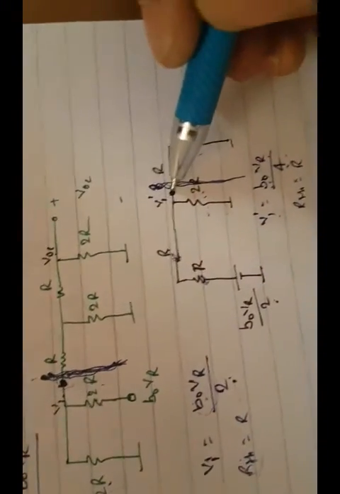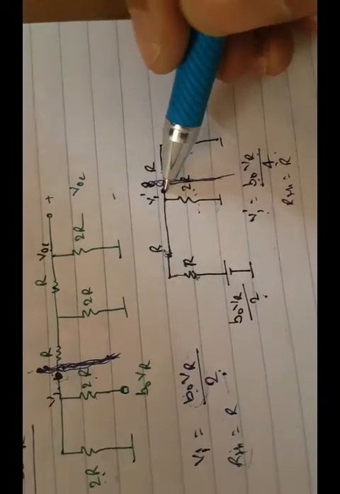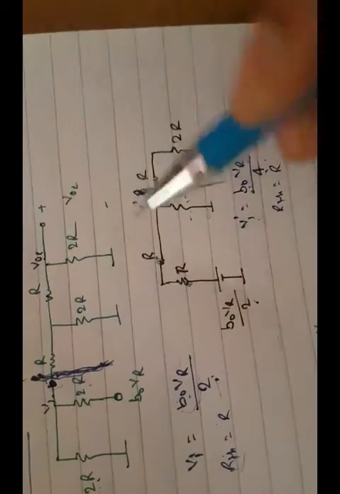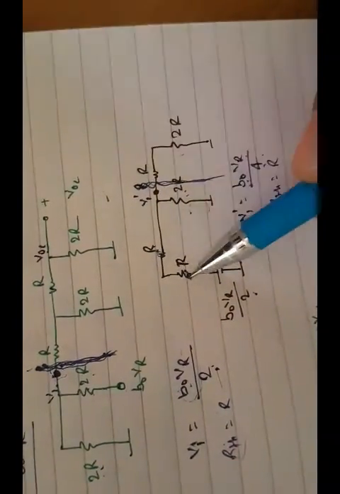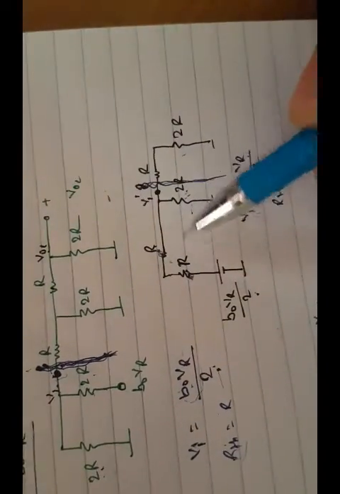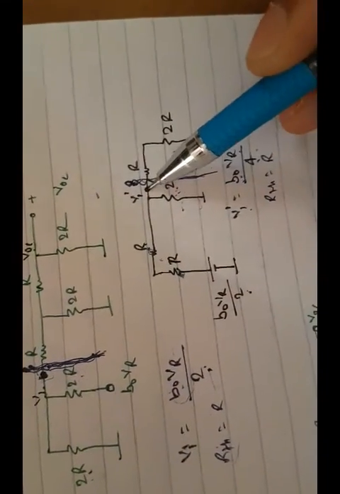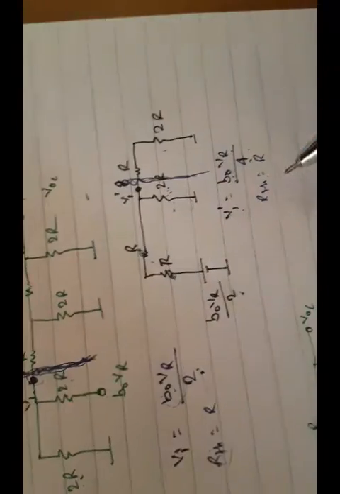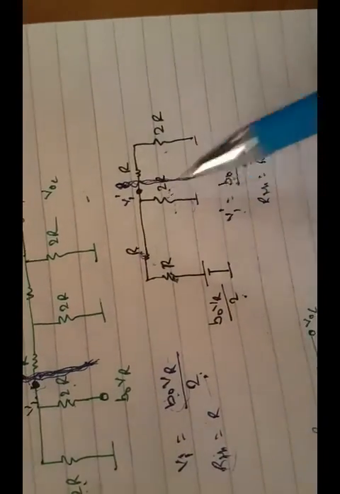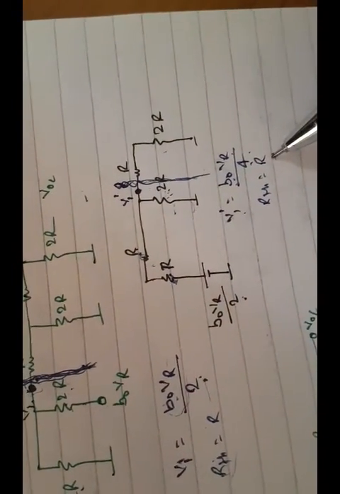The equivalent resistance for this open terminal: resistance 2R and 2R are both in parallel, so the equivalent resistance will be R.